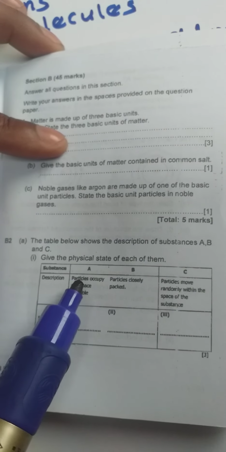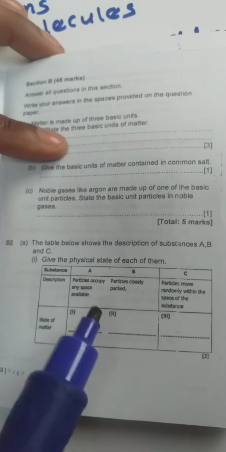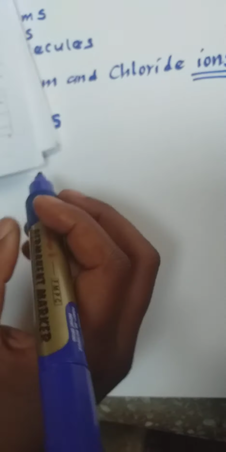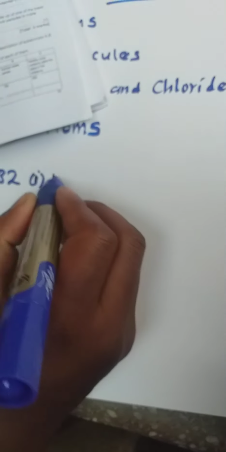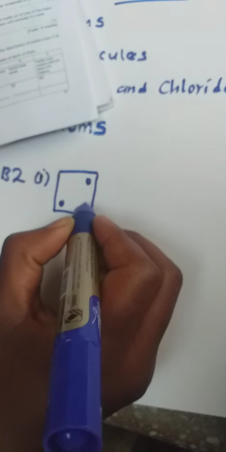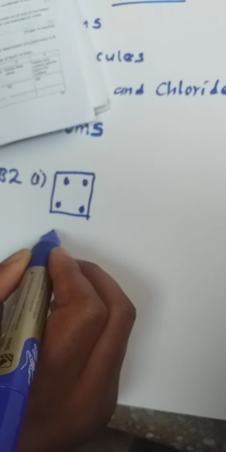They are saying particles that occupy any space are variable. So it's only a gas that can occupy all the space that is available.